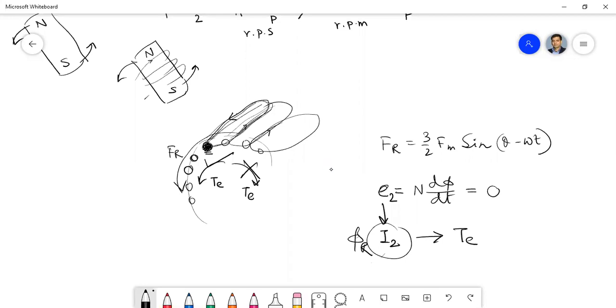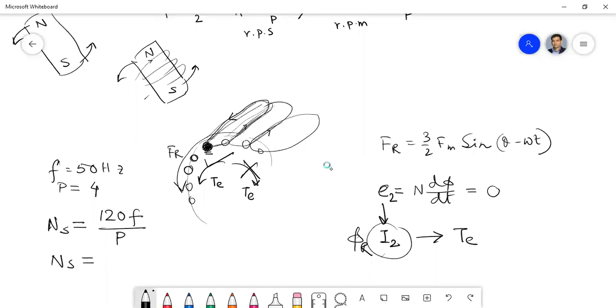Now the speed of the rotating magnetic field we have already derived, that is 120 F by P. Okay, suppose the frequency is 50 Hertz and the number of poles is 4. Then what will be the value of Ns?